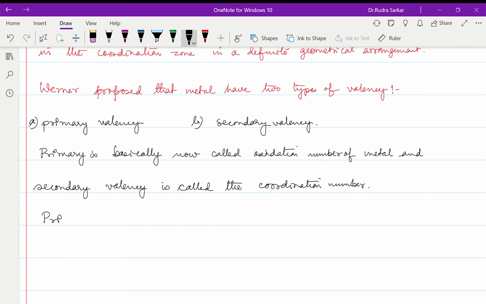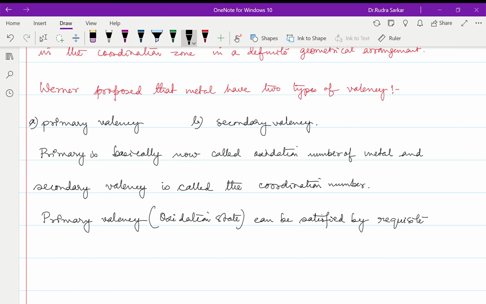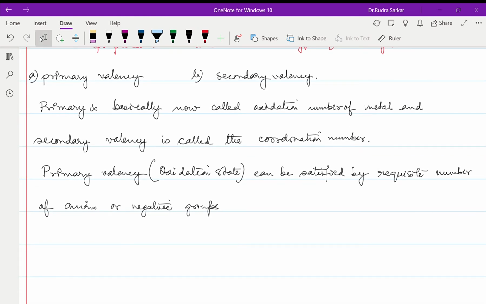The primary valency, which is basically the oxidation state, can be satisfied by a requisite number of anions or negative groups, which can be inside the coordination sphere or outside.